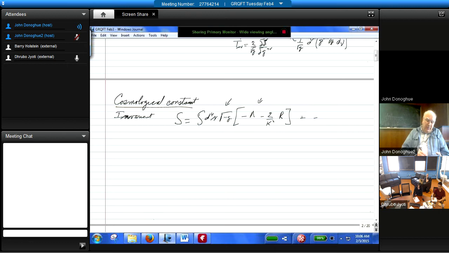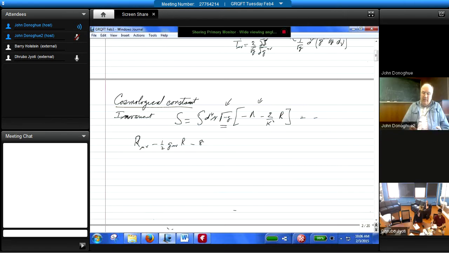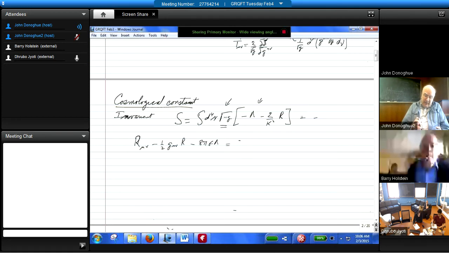The equations of motion that follow from that just follow from varying root g. And so without too much ado, it's R mu nu minus 1/2 g mu nu R minus 8 pi G lambda equals 8 pi G T mu nu, and there's a g mu nu there, sorry, let me see if I can get that written better.